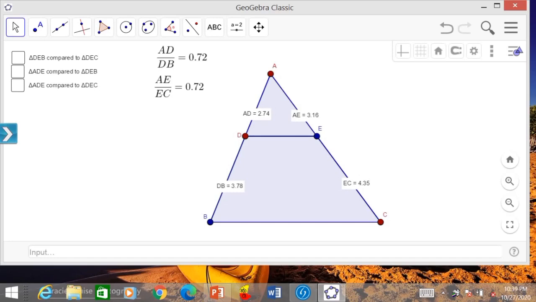So, corresponding angles are equal. Which are the corresponding angles? Angle ADE is equal to angle ABC. Angle AED is equal to angle ACB, because they are corresponding angles. And angle A is common for both the triangles.